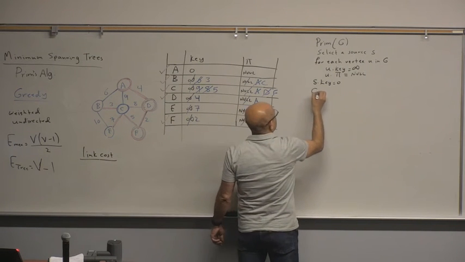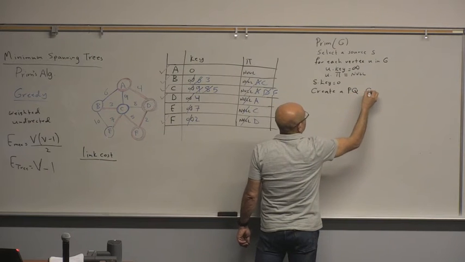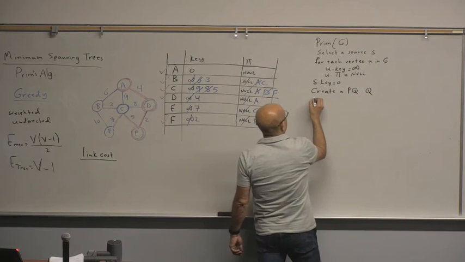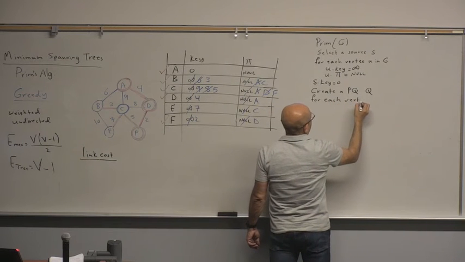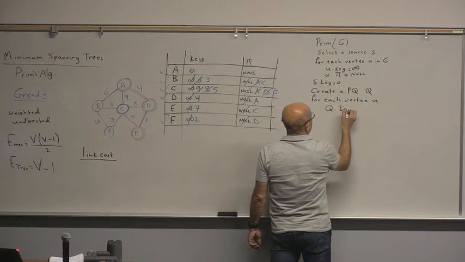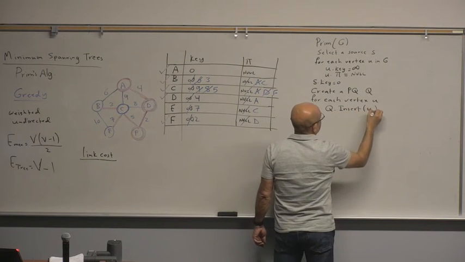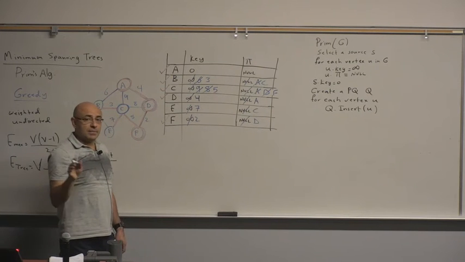Then we create a priority queue Q. Then for each vertex U, we do Q dot insert of U. So far the same as Dijkstra.